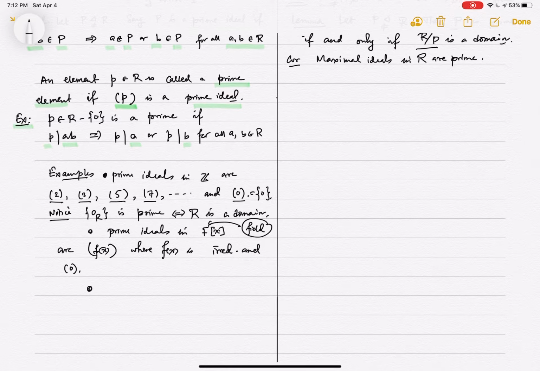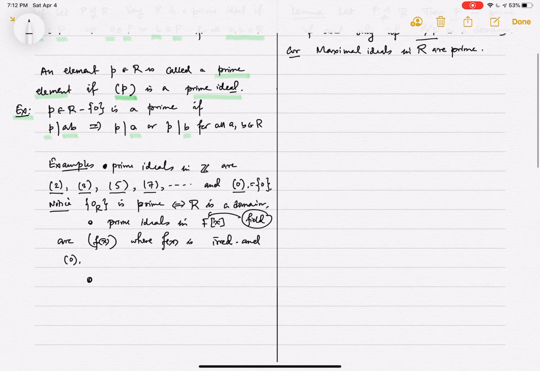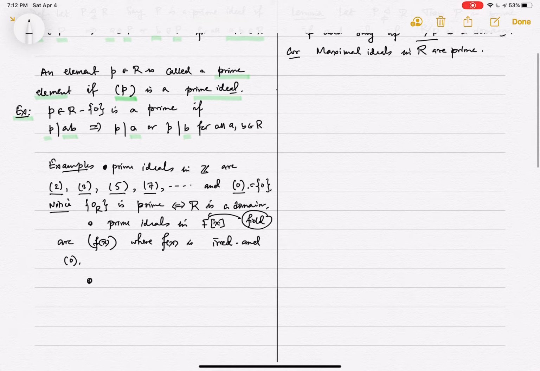Then if you want to see some example of a prime ideal that is not maximal, you have to go to at least a two variable polynomial ring or something like that. So if you take F[x,y], the prime ideals are rather interesting.